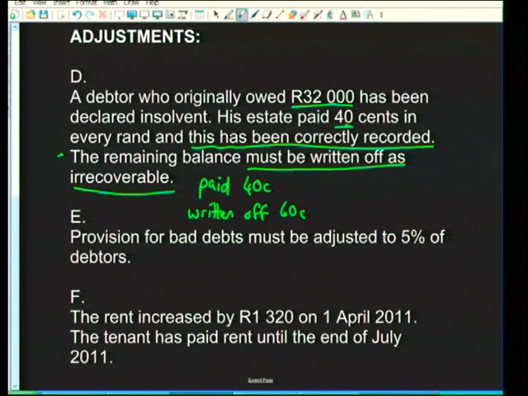So the amount that must be written off is quite an easy calculation. We're just going to say 32,000 Rand times 60 cents, which works out to 0.6 Rands. I'm sure you've seen these calculations before. They are usually covered in grade 10, and I'm sure your teacher has done them with you.